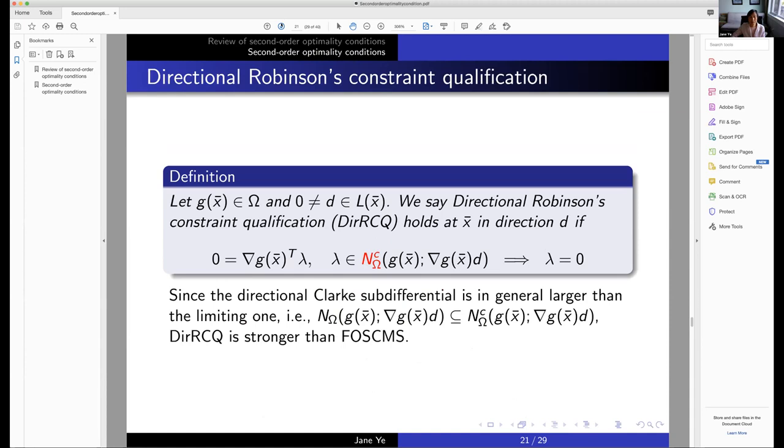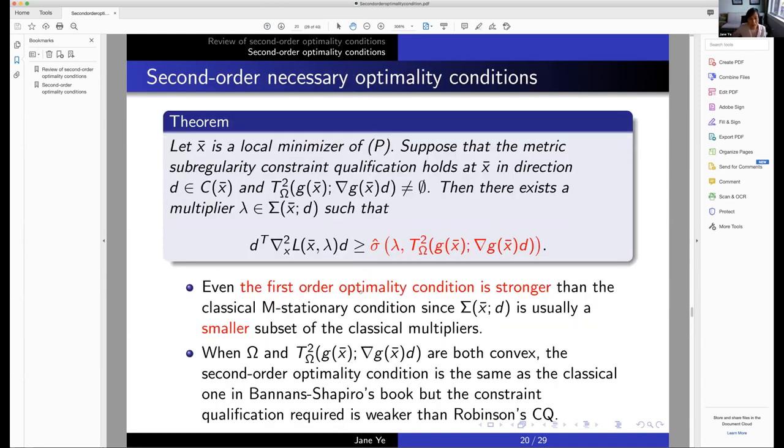So in this result, we assume a very weak constraint qualification, and what we can get is this second order condition with the sigma hat.